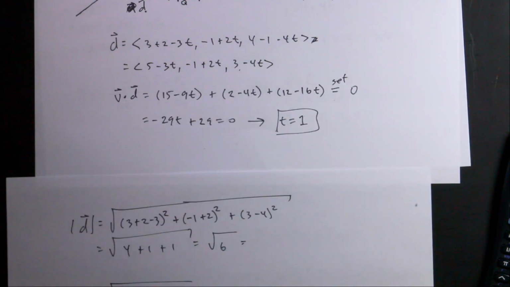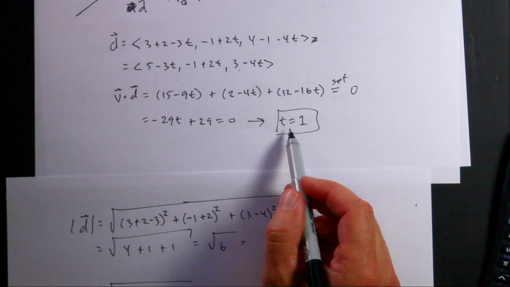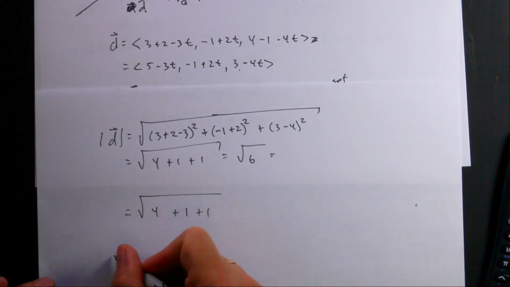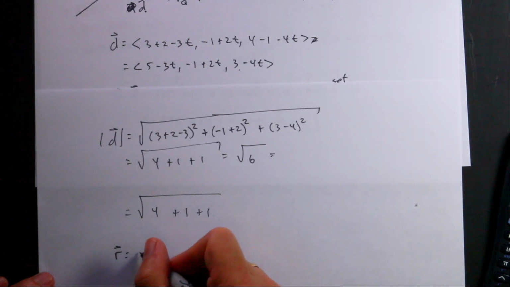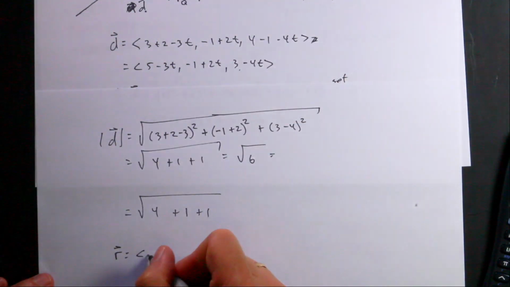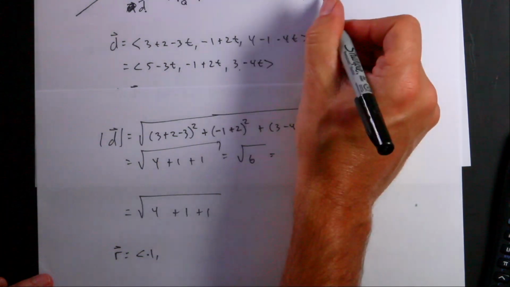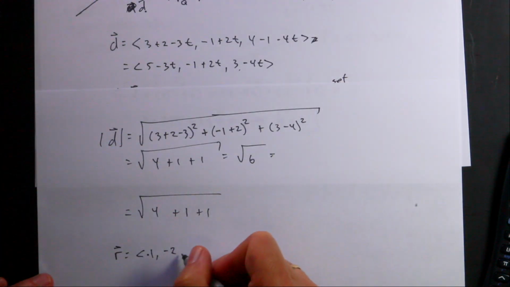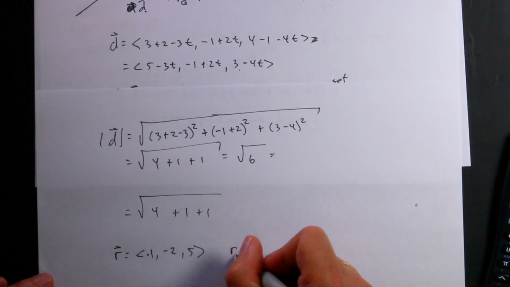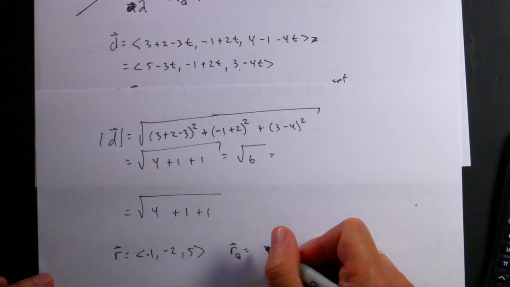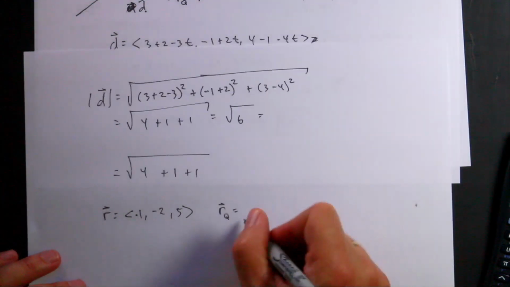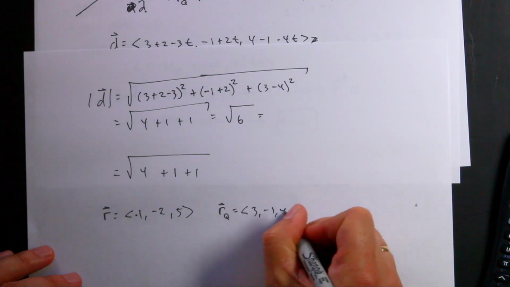Well, I got the t value of 1. So let's put t in up here. Let's say r equals negative, t is 1, so I get negative 1, 1, negative 2, 5. And then rq is 3, negative 1, 4.